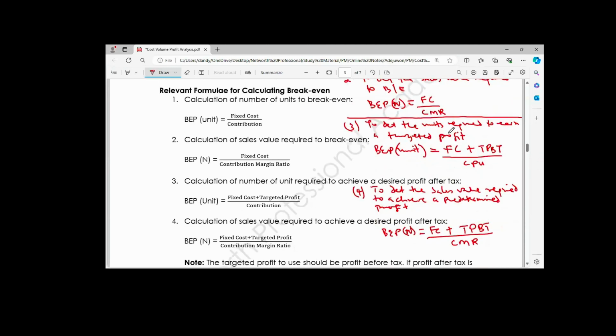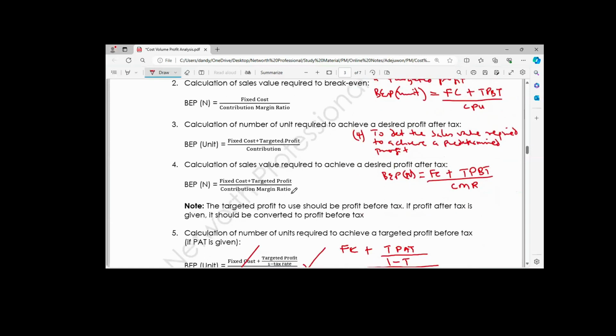Whenever you want to determine break-even points in units, your denominator should be contribution per unit. Whenever you want to determine break-even points in Naira, your denominator should be contribution margin ratio. I hope that is taken. All right then. So that's that.